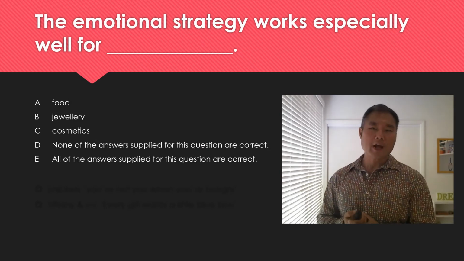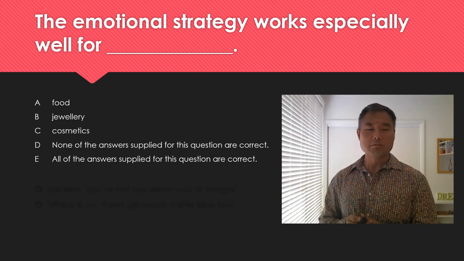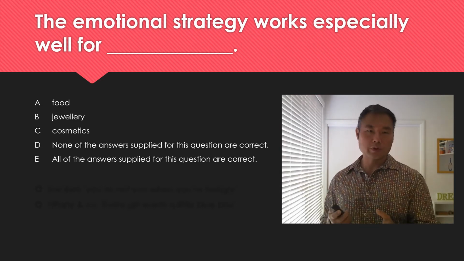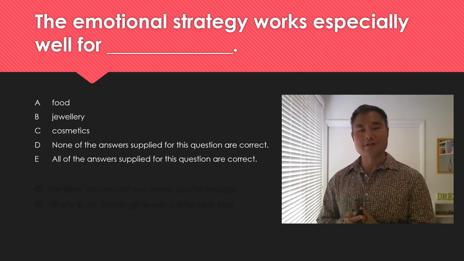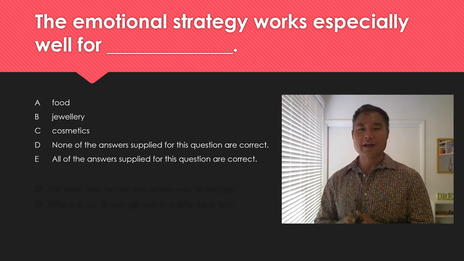The emotional strategy works especially well for, and you have some options below there. Does it work well for food, jewelry, cosmetics? And then we've got these ever popular options of none of the answers are correct, and also all of the answers are correct.